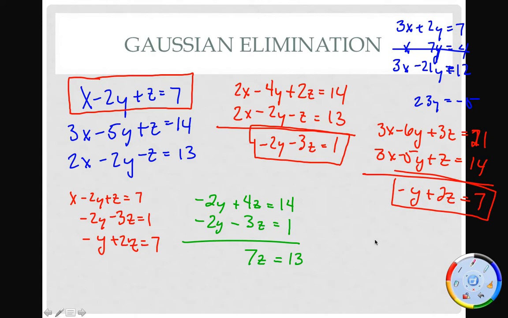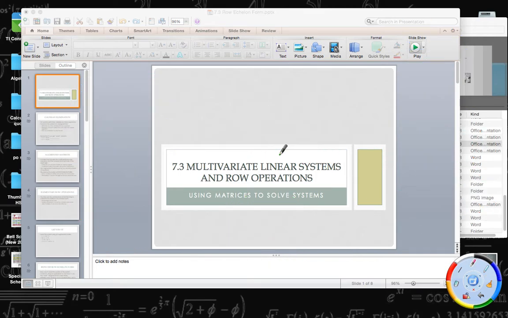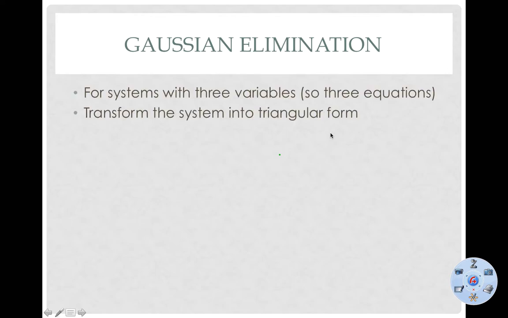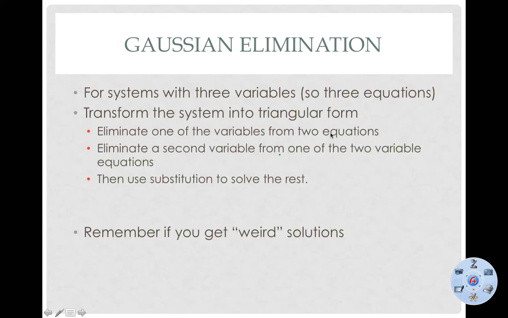All right, so that's the process for Gaussian elimination. But that kind of gets a little bit much after a while. So what we like to do is we like to use matrices. We like to use matrices in this form, or in this type of process here. I'm just reminding you here, this was before.